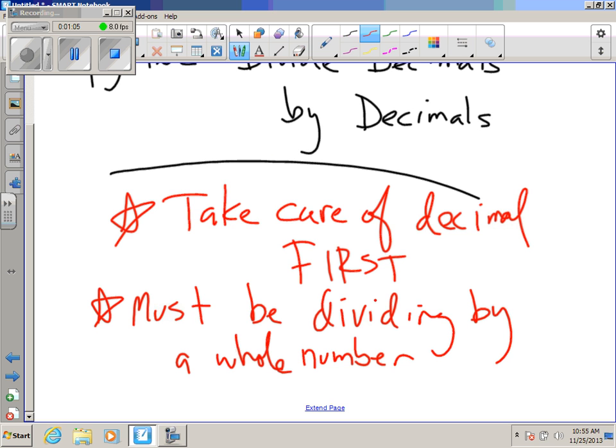But we've been through those little rules about just bringing the decimal straight up. We've been through the rules about making sure that we take care of the decimal first. Now we're going to make sure that on the outside, the number we're dividing by is a whole number and does not have any places in the decimal place value.